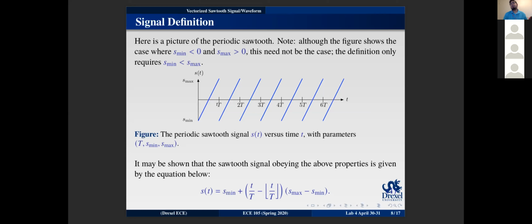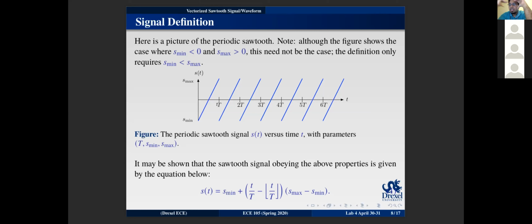Okay, let's go over the example again. So we have small t is 1.2, capital T is 2. The floor of small t over capital T is 1 because it's 1.2 over 2. So what do we end up with? 1.2 over 2 would give you 0.6, right? It's 0.6 minus floor of 0.6, that would be 0, right?